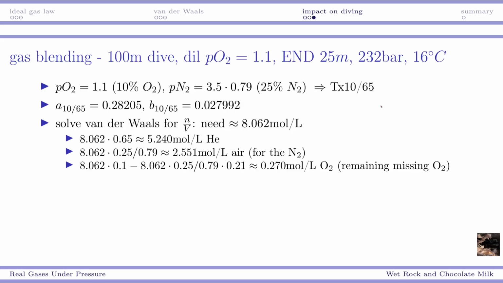So 1065, 65% of these 8.062 mole are helium. So 8.062 times 0.65 is 5.240 moles per liter of helium. Then 25% is going to be nitrogen. So we're looking at 8.062 times 0.25.